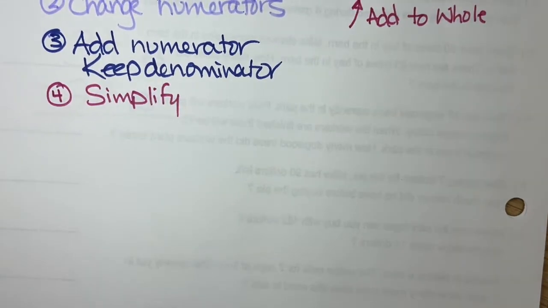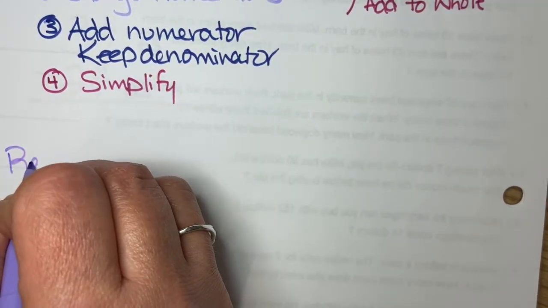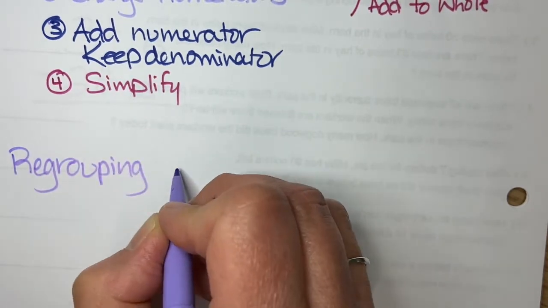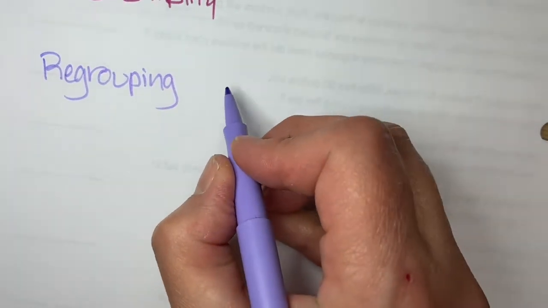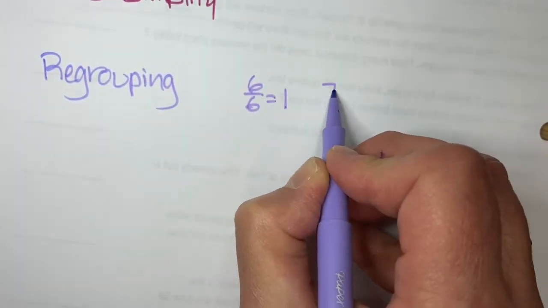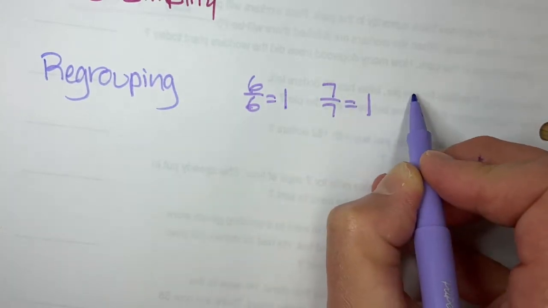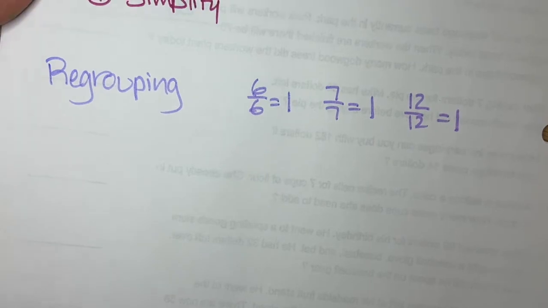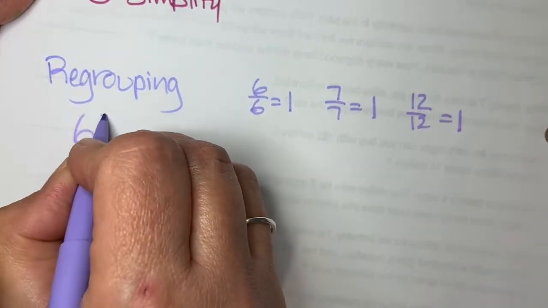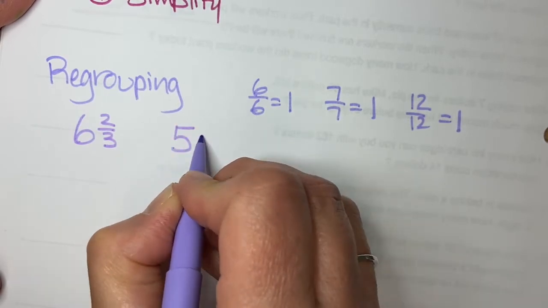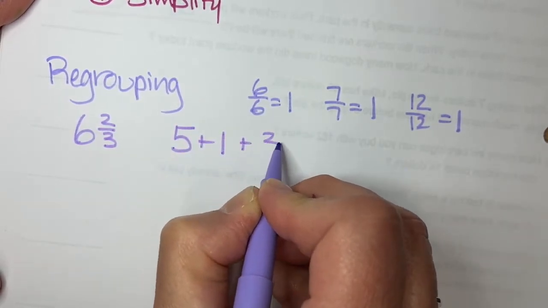All right, the regrouping was subtraction. What you need to remember is that any number over itself is 1. So if I have 6 over 6, it equals 1. If I have 7 over 7, it equals 1. If I have 12 over 12, it equals 1. So if I had 6 2/3, would this be the same as saying 5 plus 1 plus 2/3, right?